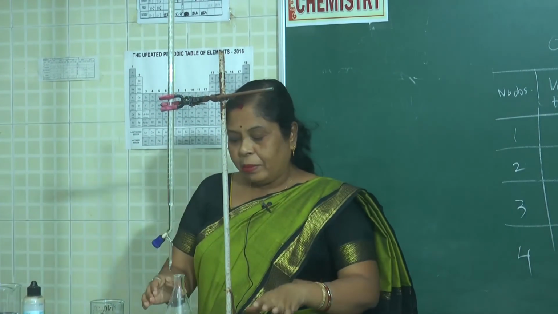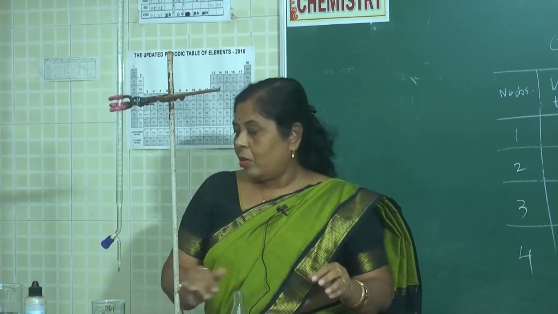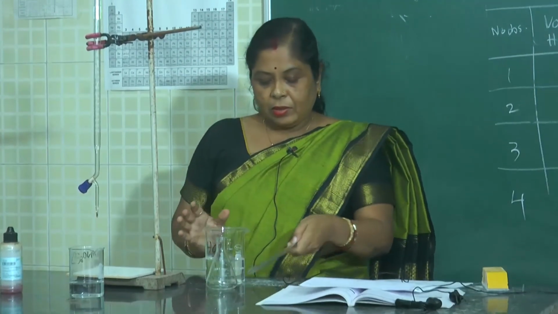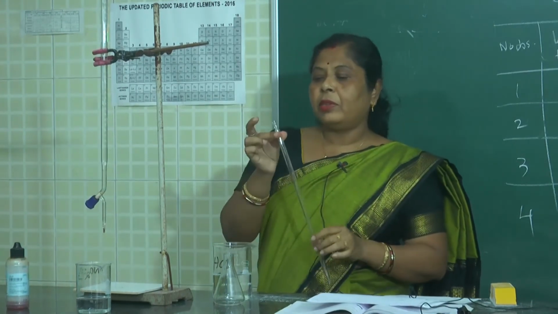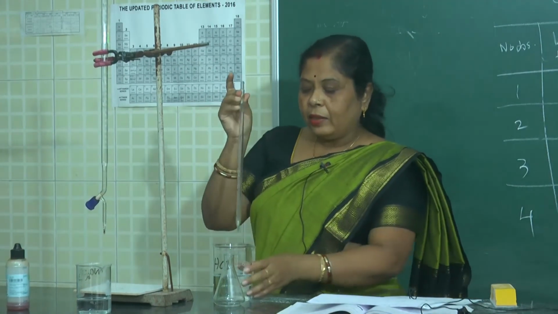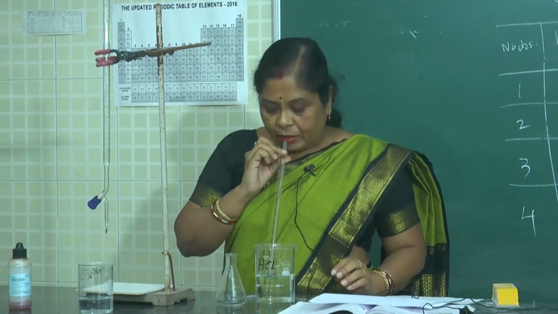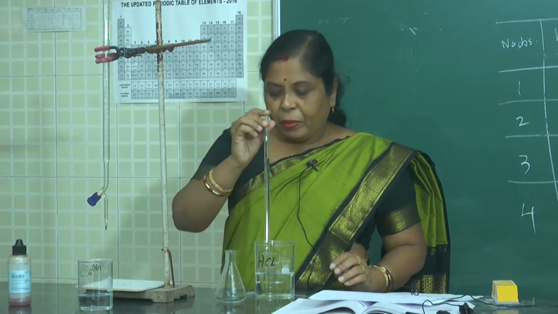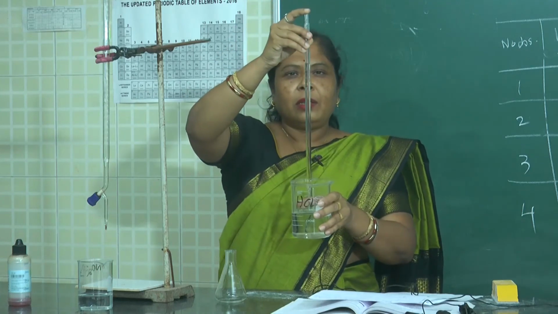Next is our pipetting part. We have to take 10 ml of HCl in the conical flask. The pipette, as already instructed: you have to hold it with these two fingers, and the index finger should be free, and we have to suck it up. The pipette is also dry, that's why I have not rinsed it.